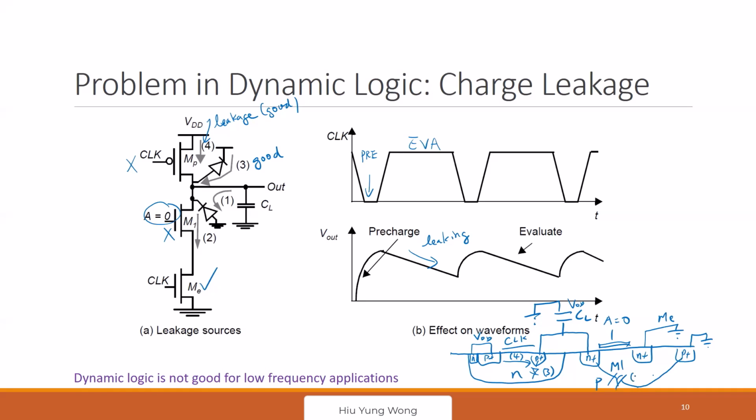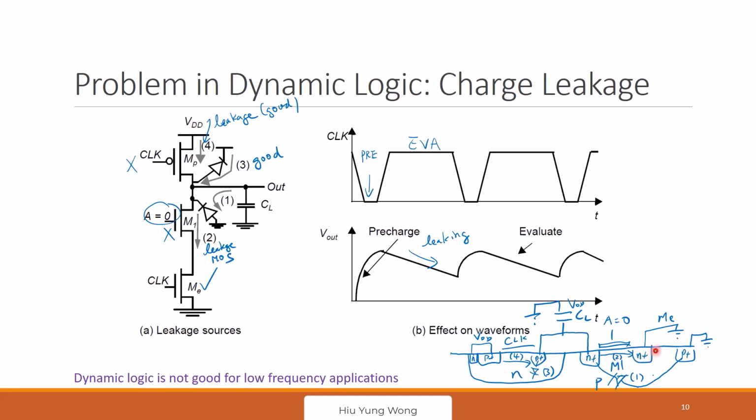And this is path 1. The charge will try to leak away if you stay a long time during the evaluation. And at the same time, of course, I also have the leakage of the MOSFET. It will try to leak away also because this is ground.